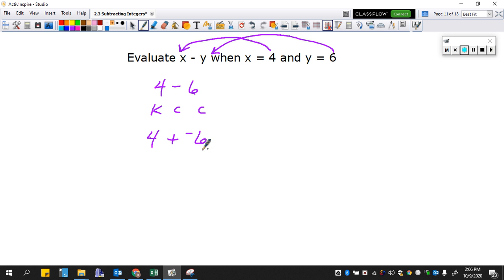All right, now when we look at it, we have different signs, which means that we subtract.